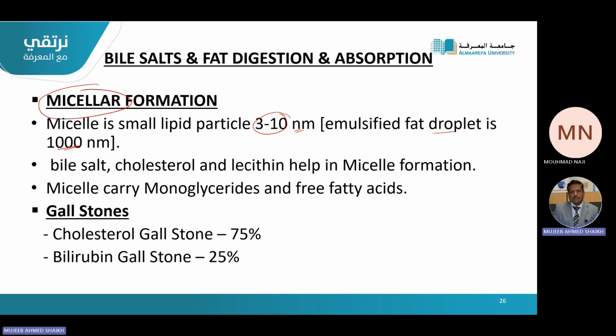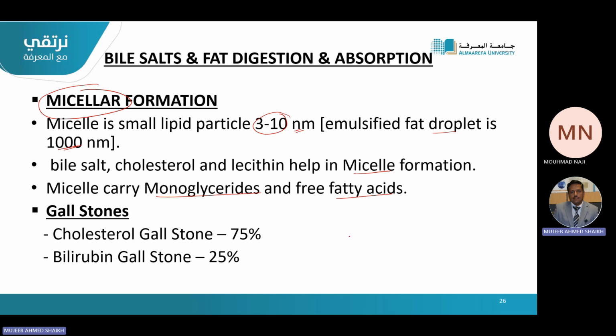Bile salts, cholesterol, and lecithin will help in micelle formation. Micelles will carry monoglyceride, not the triglycerides or the bigger fat molecules. It contains monoglyceride as well as fatty acid.